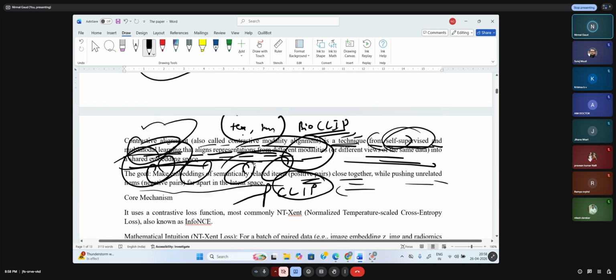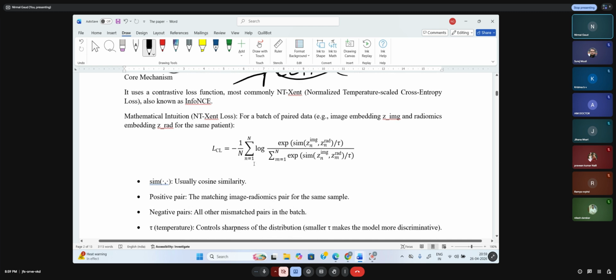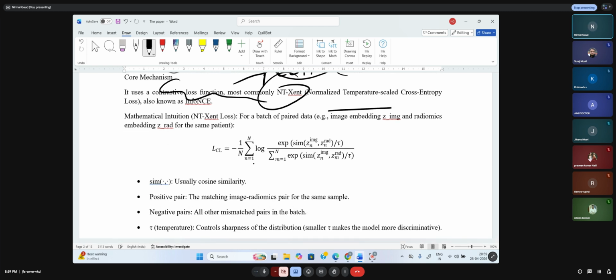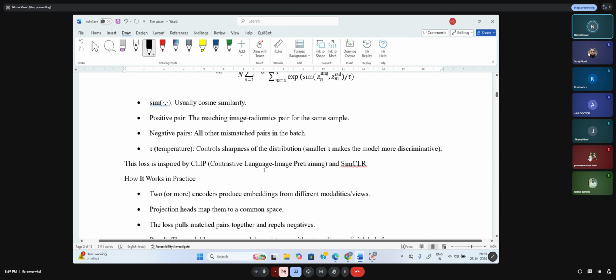It is contrastive alignment, so it uses contrastive loss, that means normalized temperature-scaled cross-entropy loss. Mathematically, we can write it like this: L_CL = -1/N log of exp(similarity/tau) over the sum of exp(similarity/tau). So this is the image. We have an image.